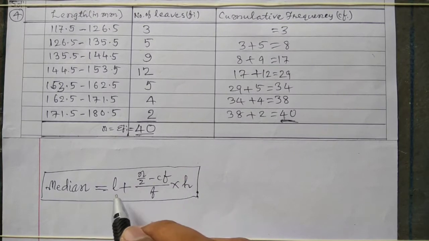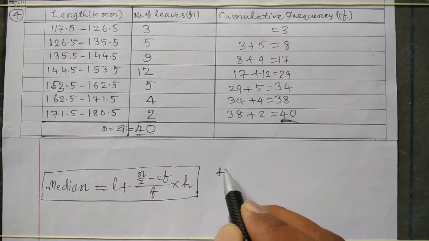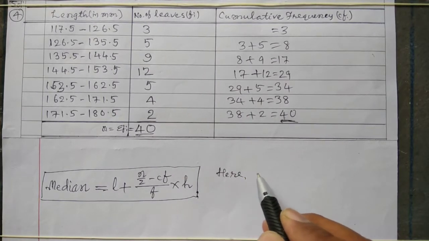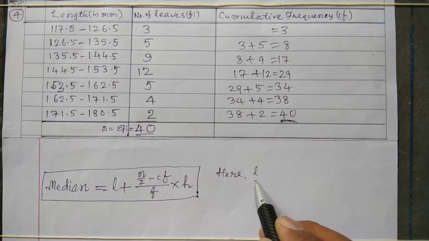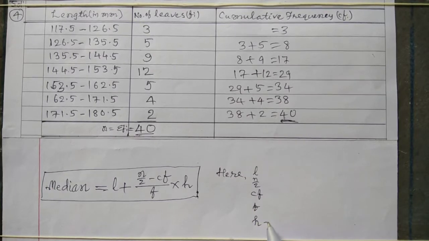Here we have to know all these terms: L, n by 2, CF, small f and H. We have to know the values of all these terms.